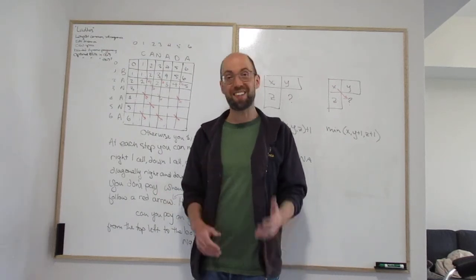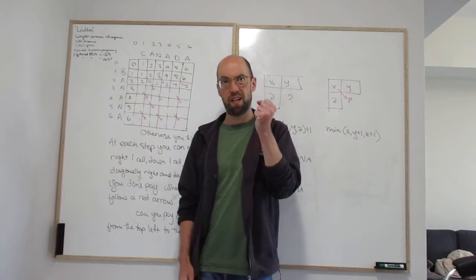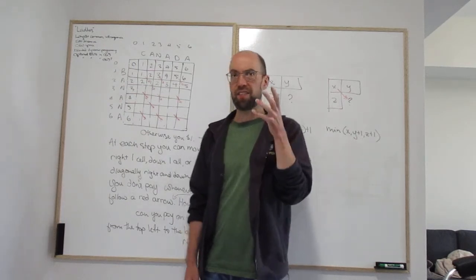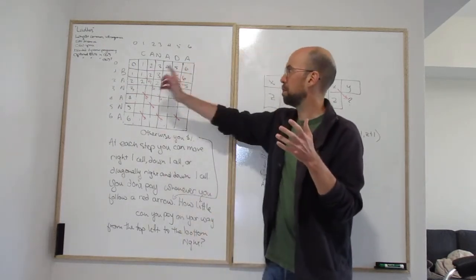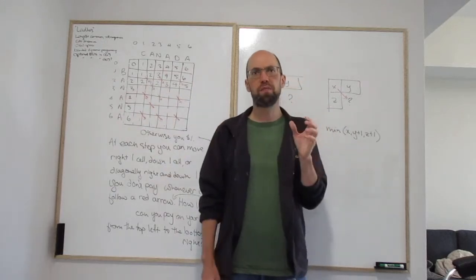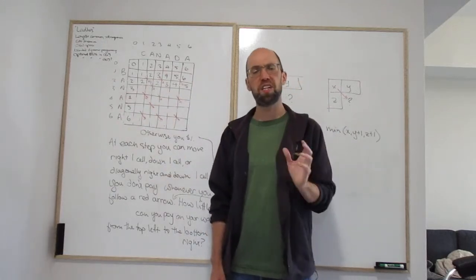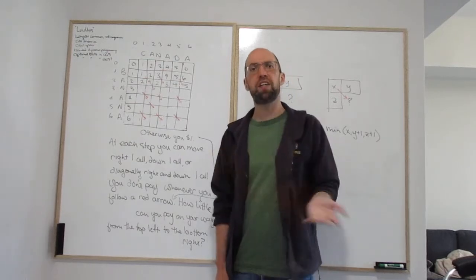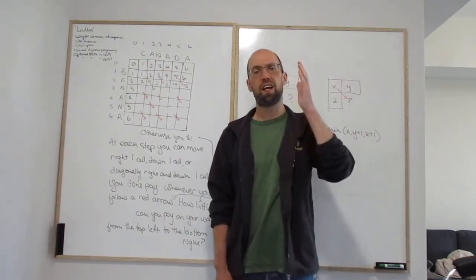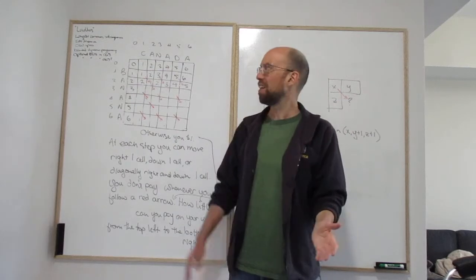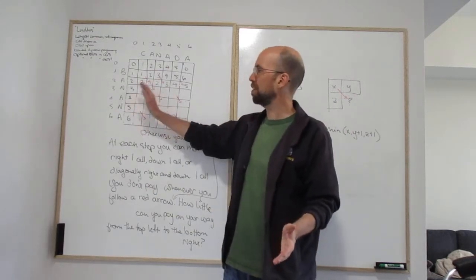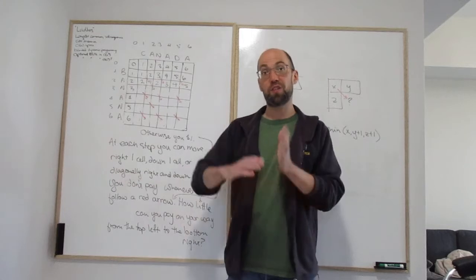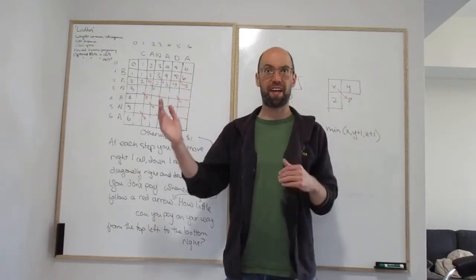So if I tell you that the edit distance between Canada and banana is small, say 3 or less, it's actually 2. But I say I'm not interested in what the edit distance is if it's more than 3. Then you don't have to fill in the parts of the matrix which are further than 3 from the diagonal.